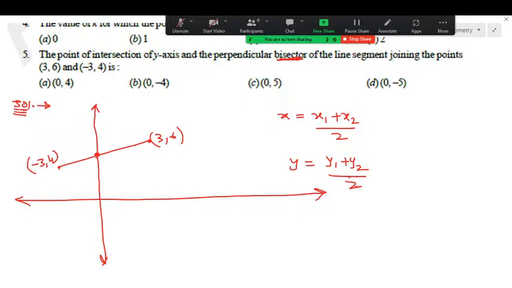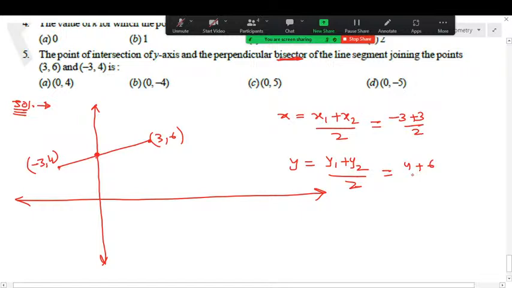Now just use this. Have you got the answer?